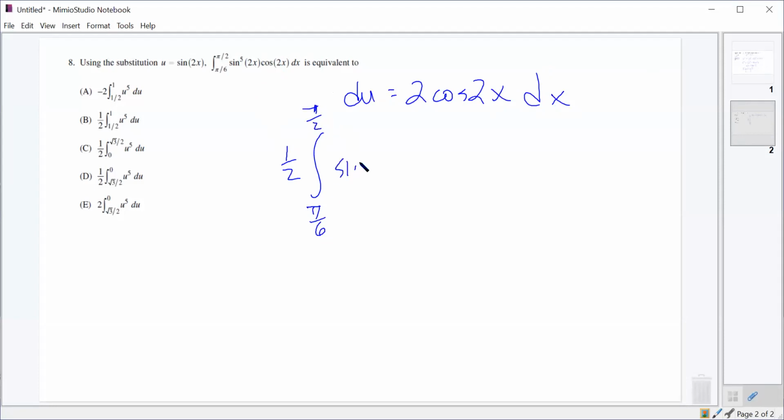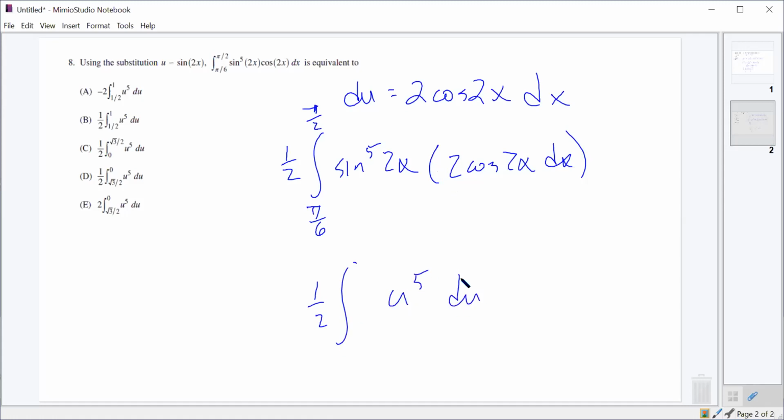And this will be sine to the 5th 2x times 2 cosine 2x dx. And then we'll substitute out the 2 cosine 2x dx as our du, and we should have 1/2 of the integral of u to the 5th du. And we have pi over 6 here.